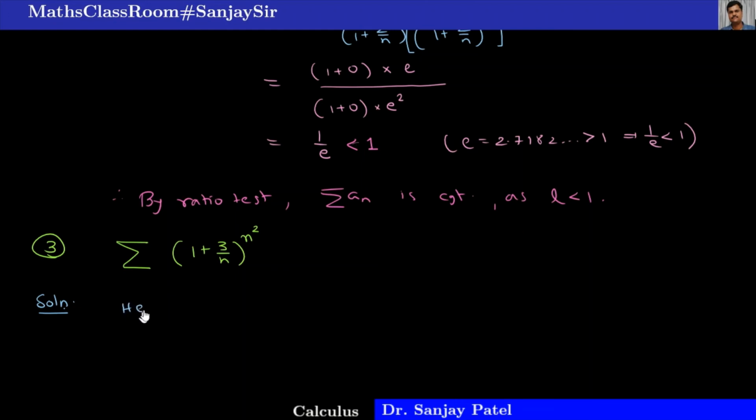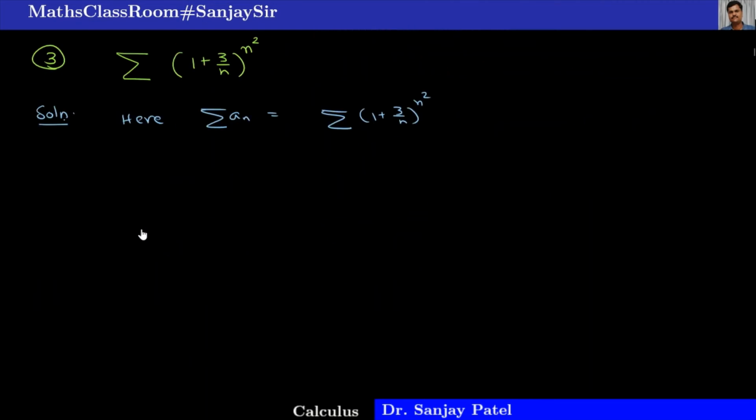So here sigma a n is equal to sigma 1 plus 3 upon n raised to n square. Okay. So what is a n here? So a n is 1 plus 3 upon n raised to n square.